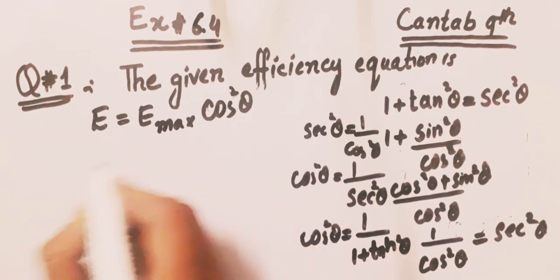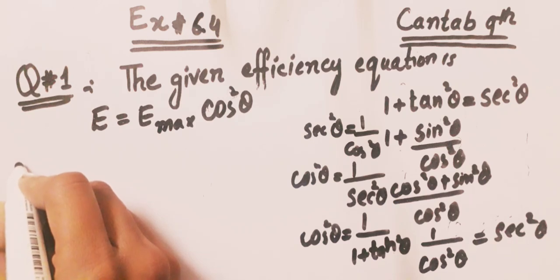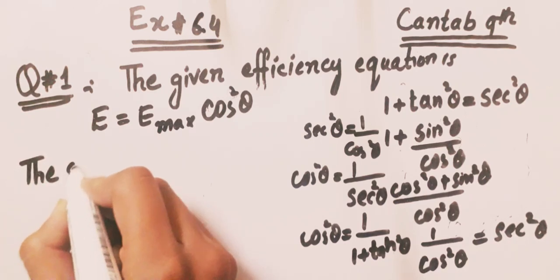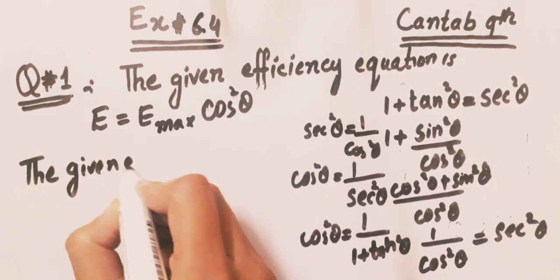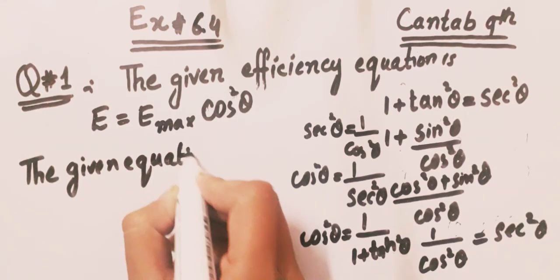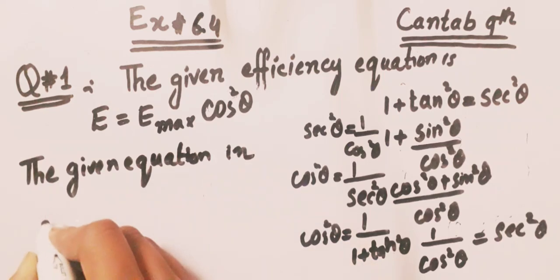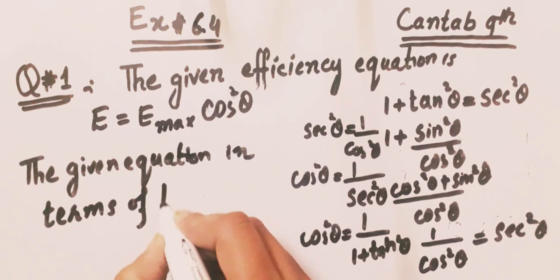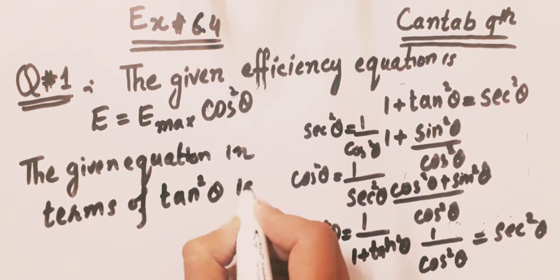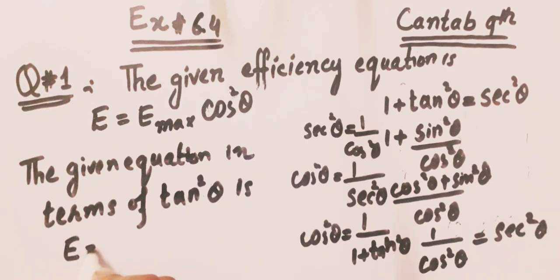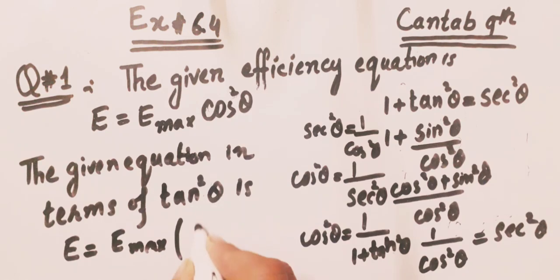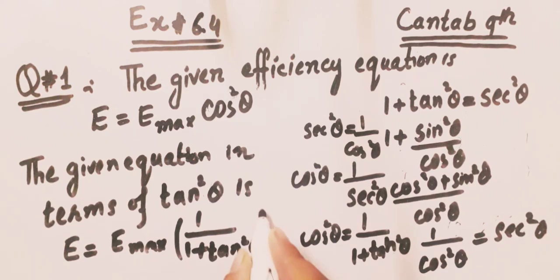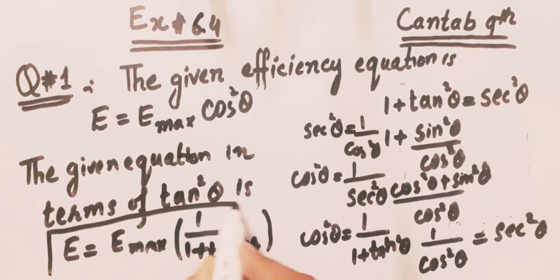So we will write here the given equation in terms of tan square theta: E is equal to E maximum into 1 over 1 plus tan square theta. So this is the solution of this question.